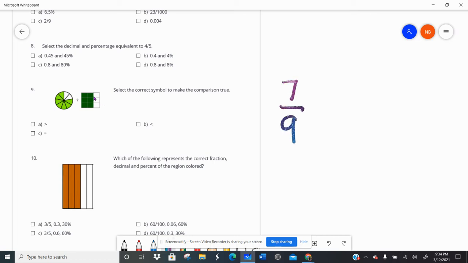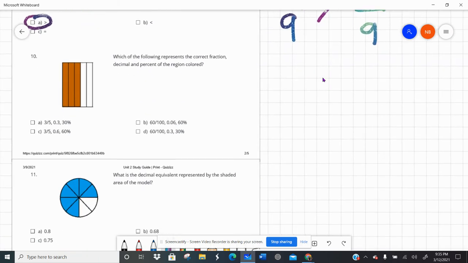And then I look at the next one. I have 9 again, but this time 6 out of 9 is colored in, shaded in. Well, if I have common denominators, I look at the numerator. I have 7, I have 6. 7 is bigger than 6. So 7/9 is greater than 6/9. Right? That one's not too bad.